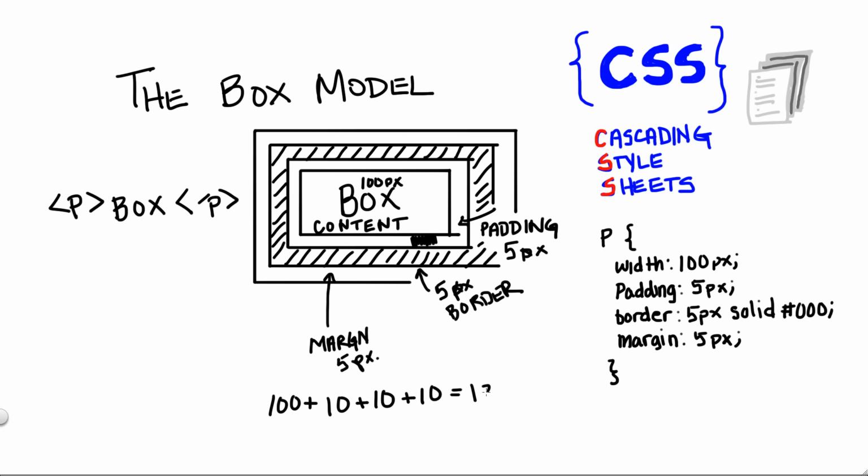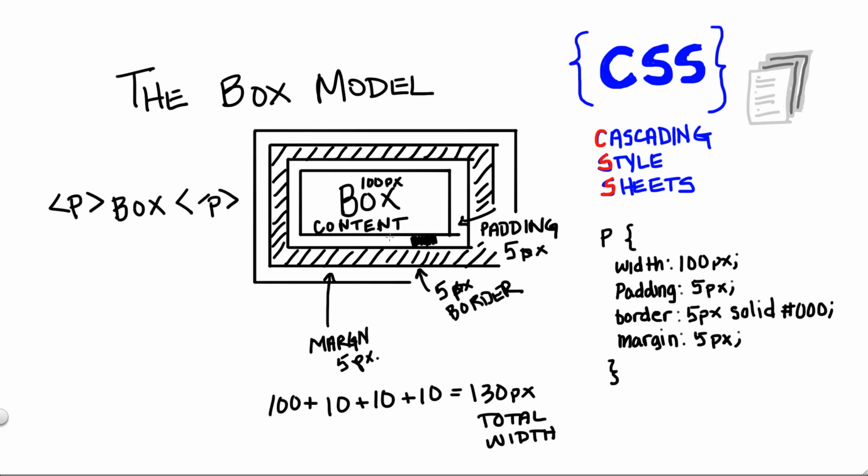So that gives us 130 pixels of total width on the page. So this is important because when we get into talking about layouts a little bit later on, you're going to need to know exactly how much horizontal and vertical space your site and elements on your site are taking up.